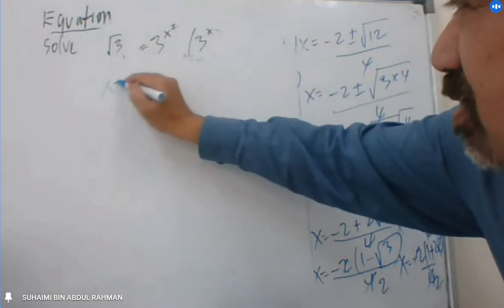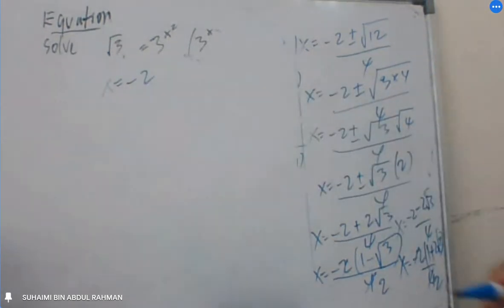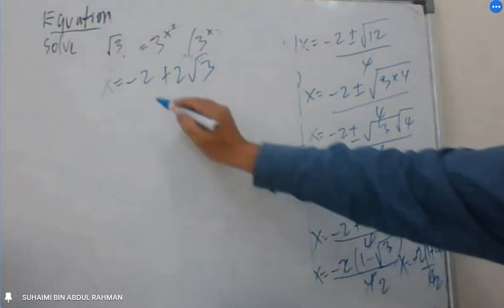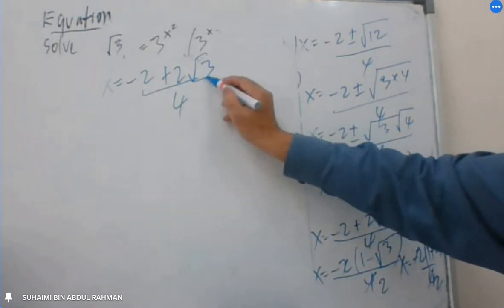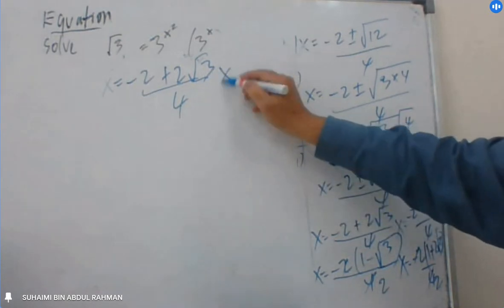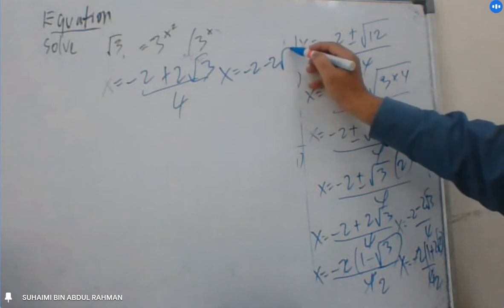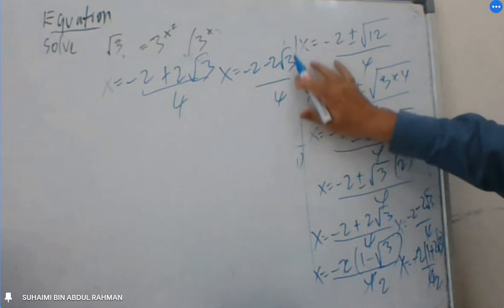Before that, x is minus 2 plus 2 square root of 3 over 4. Another one, x is minus 2 minus 2 square root of 3 over 4.